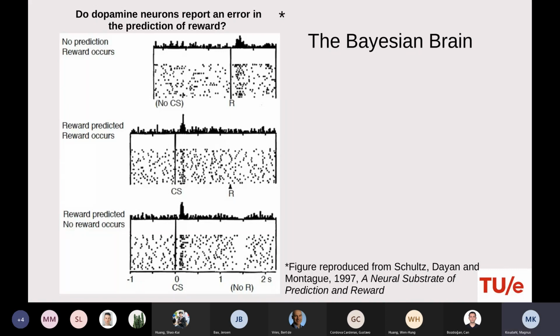So like this thing here. If you sum it up, you get this nice skyline looking pattern at the top. And then there are two different parts that are labeled. There's this R here, which is when a reward occurs. And there's the CS, which is when the conditioned stimulus occurs. So when the light's flashing.